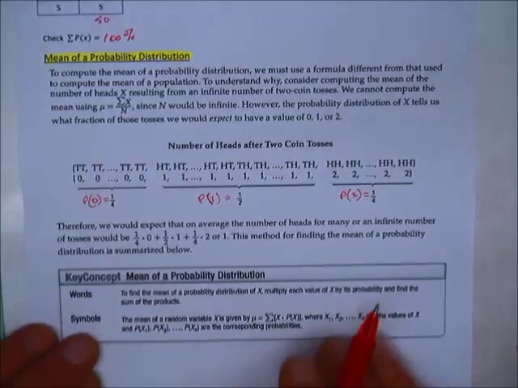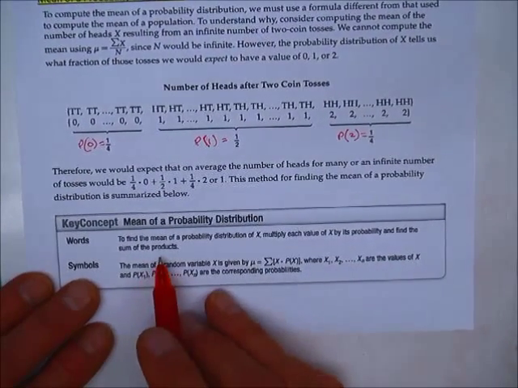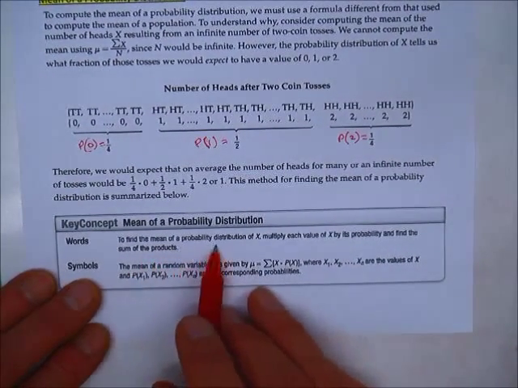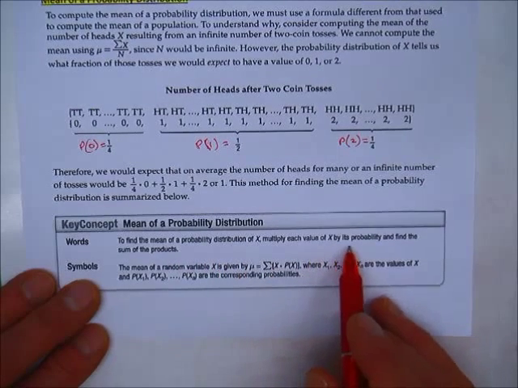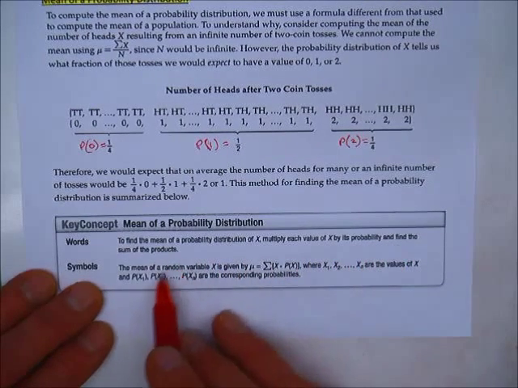That makes sense. So you could say that to find the mean of a probability distribution, you multiply each value of x by its probability and find the sum of the products.